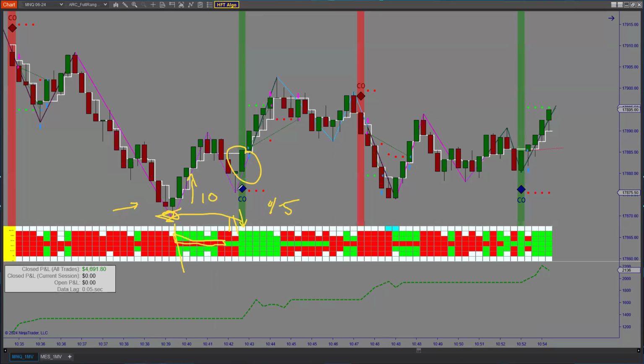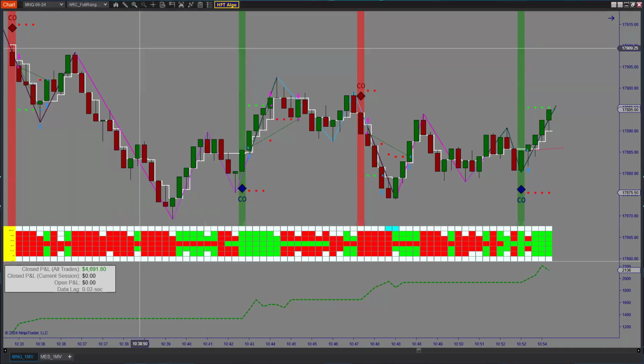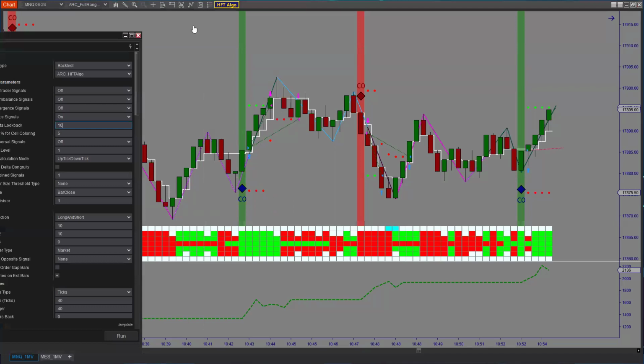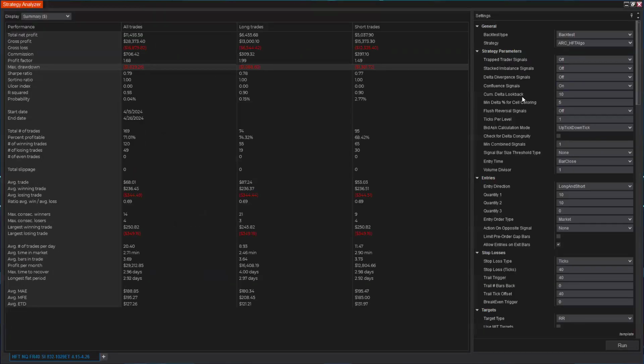You might end up getting in here and then you take on some heat. I don't want to take on heat. I want to get in when the market's moving and primed to move. Okay. So sort of a reversal with confirmation is really what it is, which is exactly what order flow traders want to do. I mean, ask an order flow trader.